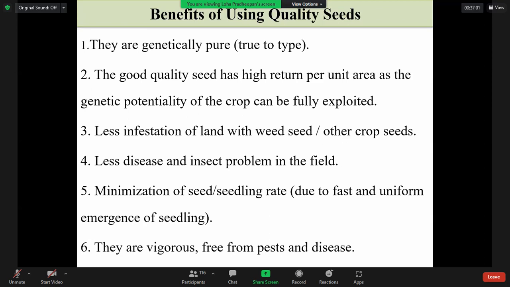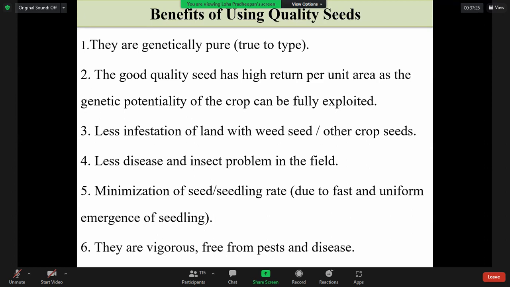Then we will look into benefits, because we are talking about quality seeds. What are the benefits we are having by using quality seeds? So we are saying good quality seed is genetically pure, so we can get uniform stand establishment.